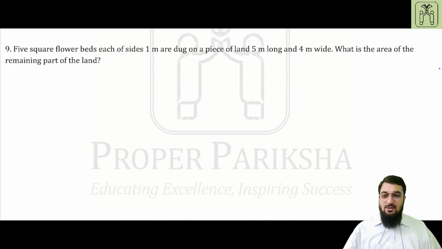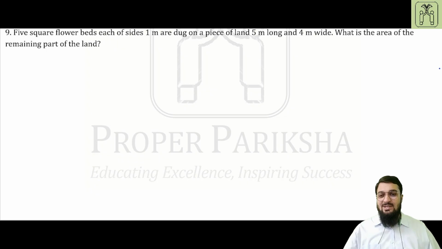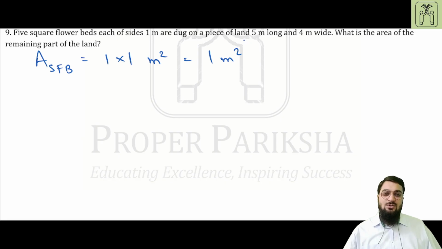Question number 9. 5 square flower beds each of sides 1 meter are dug. So there is a square, so we will write area of square flower bed is equal to 1 into 1, that is 1 meter square, on a piece of land 5 meter long and 4 meter wide.